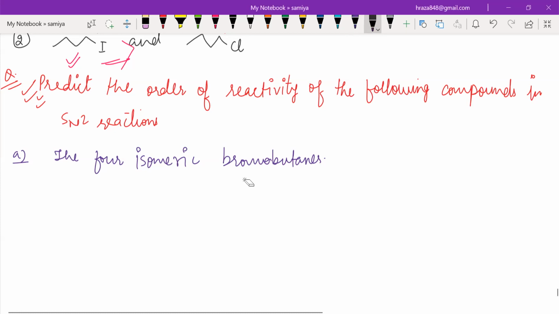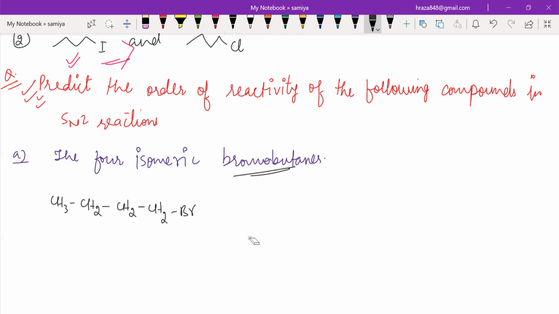What are the isomeric bromobutanes? Bromobutane is basically CH3CH2CH2CH2Br. This is the first isomer. Now the second isomer I am going to write is CH3CH2CHBrCH3.